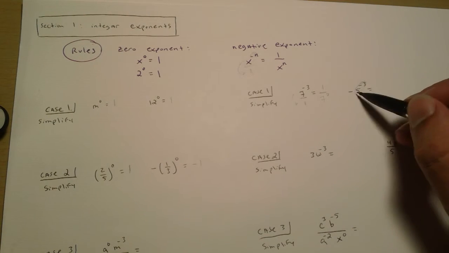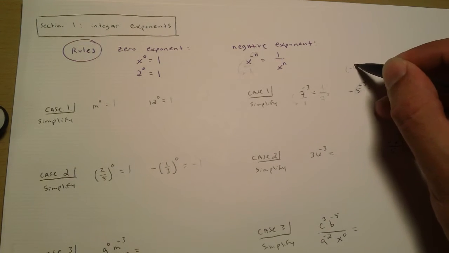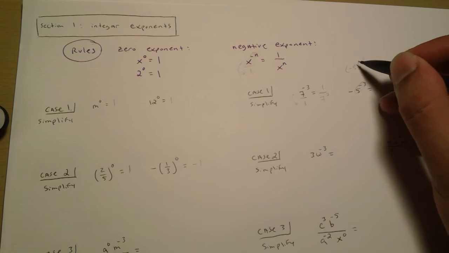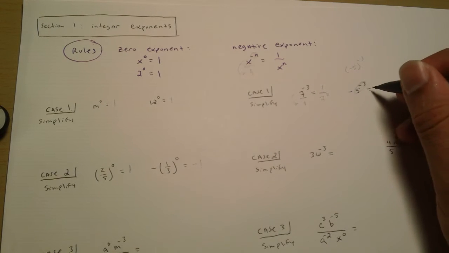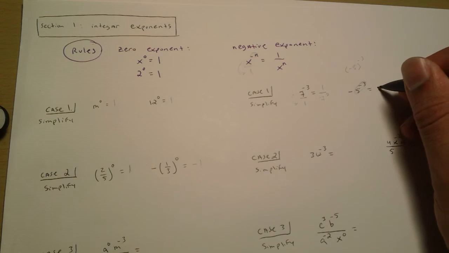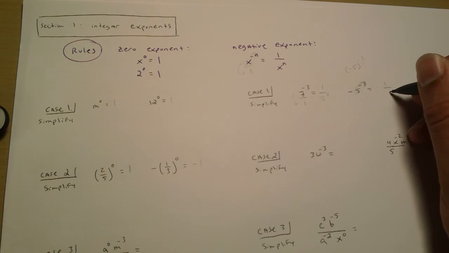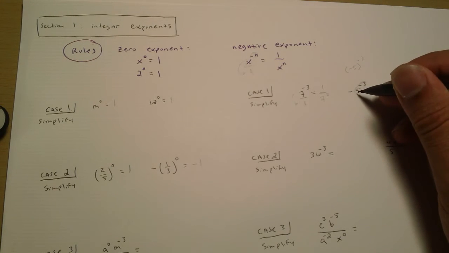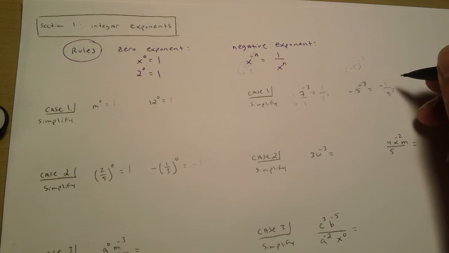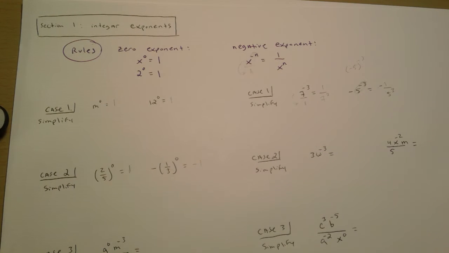If it would look like negative 5 to negative 3, then it will apply to the negative. But in this case we don't have it. So we bring it down 1 over 5 to positive 3. Don't forget the negative in front, so it will turn the whole entire thing to a negative.